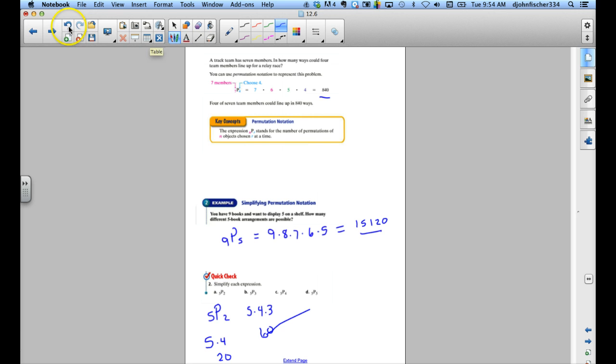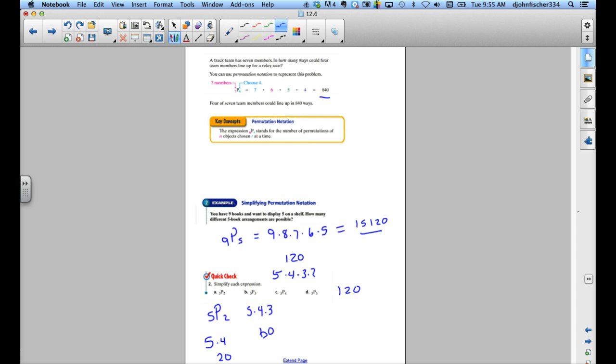Next one's 5P4. So we're going to take the next four numbers, 5 times 4 times 3 times 2. And we're going to get 120. And the last one, 5P5, take the 5 numbers, and we're going to get 120 there. So 5P4 and 5P5 are the same.